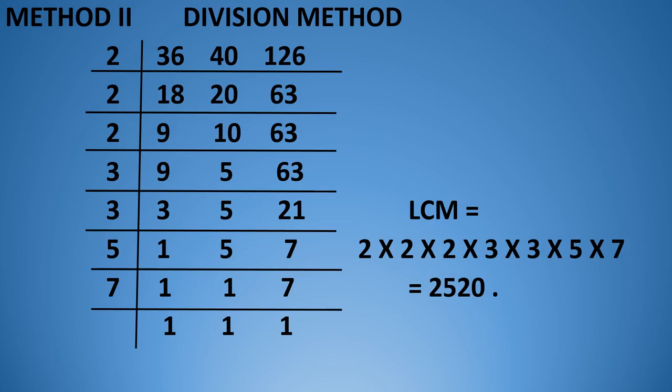Okay, first I have written 36, then left some space, then wrote 40, then again left some space and then wrote 126. Now you have to see by which common factor all these 3 numbers are divisible.